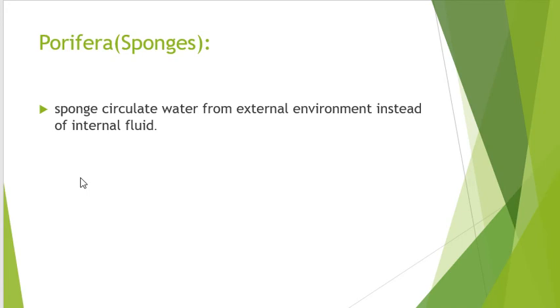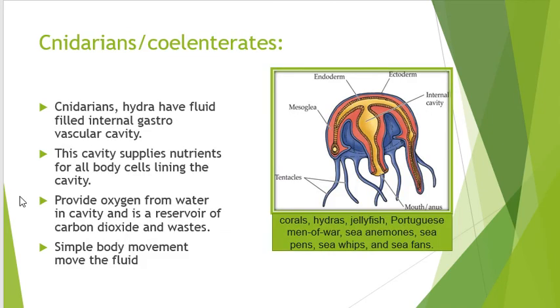They have a single body opening from which water enters and also exits the body, and this water contains nutrients and other materials that are diffused into the body of the organism, and then the waste materials are also excreted in this water that exits from that single opening of poriferans.